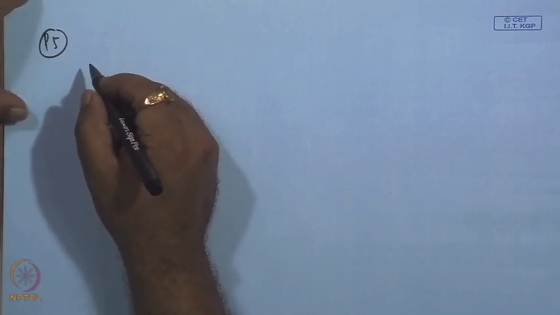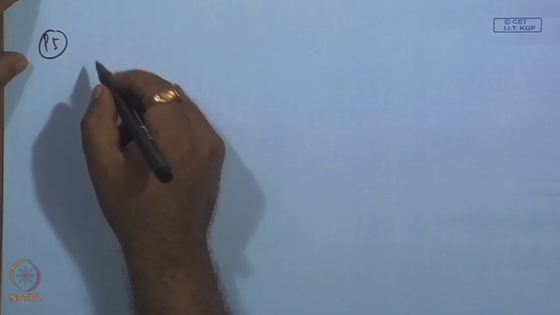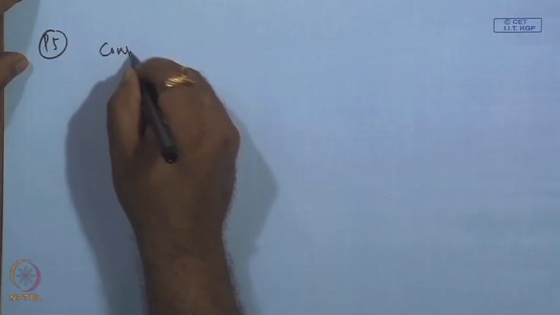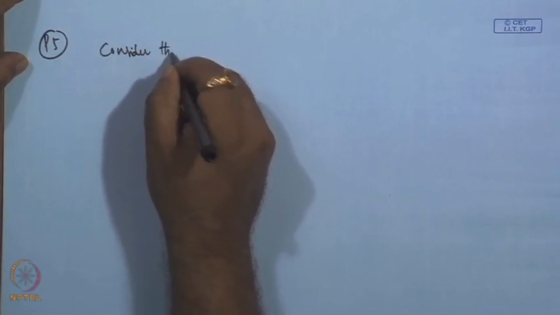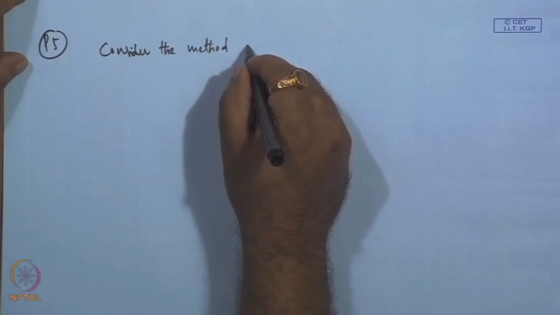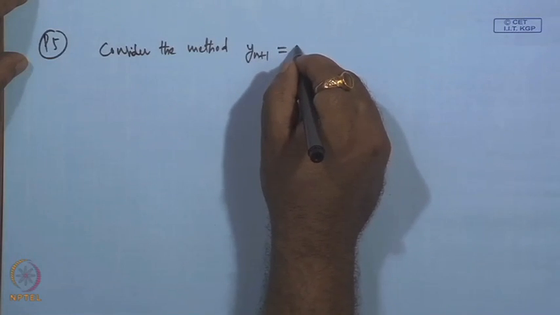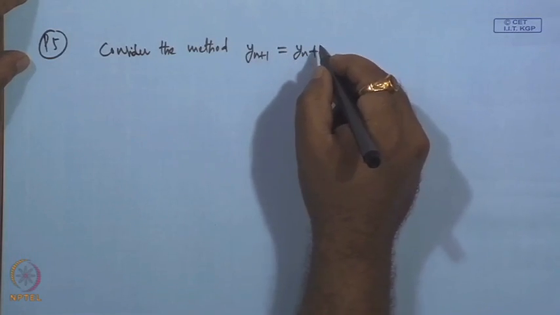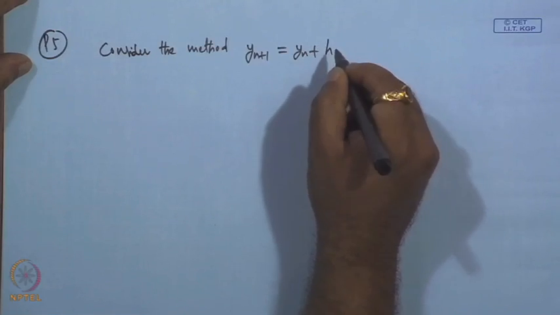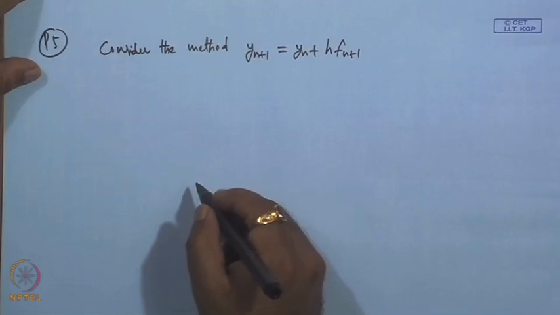Then let us consider problem 5. Consider the method y n plus 1 equals y n plus h f n plus 1.